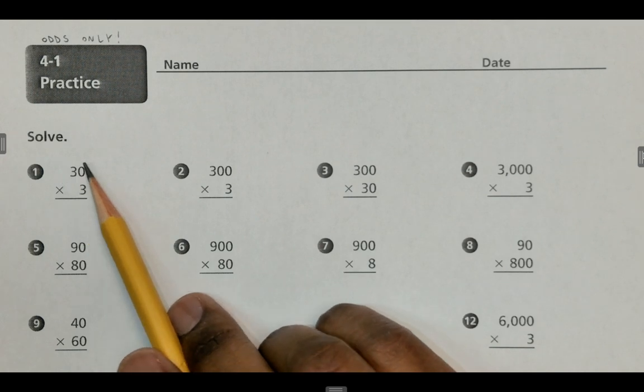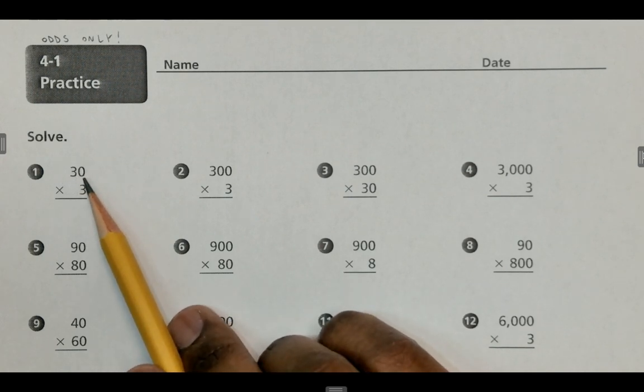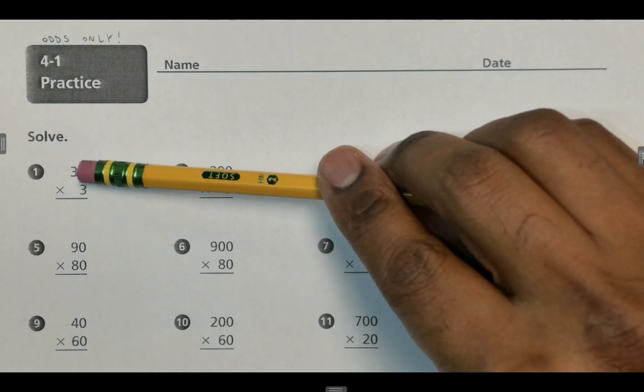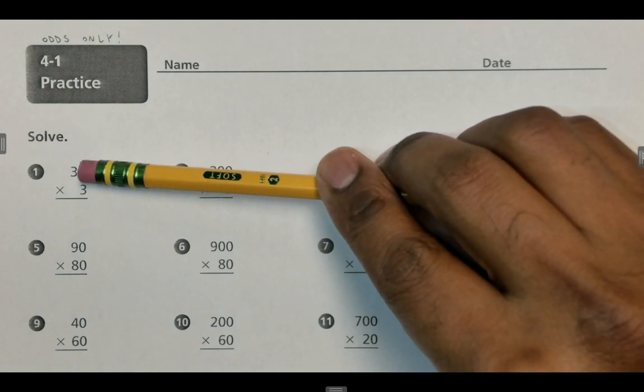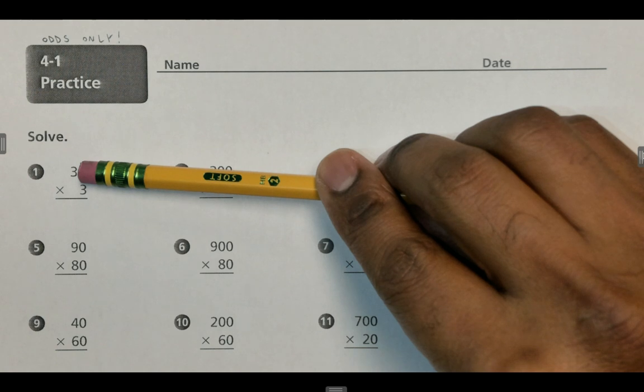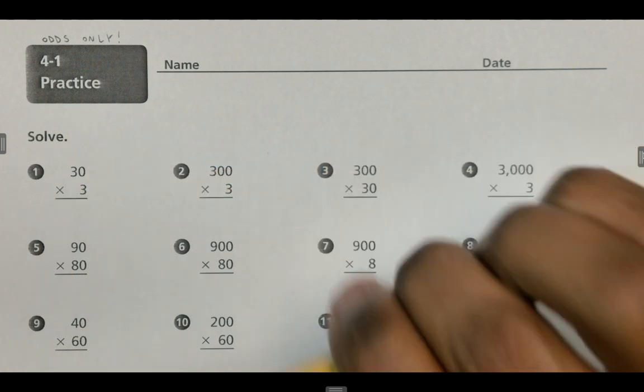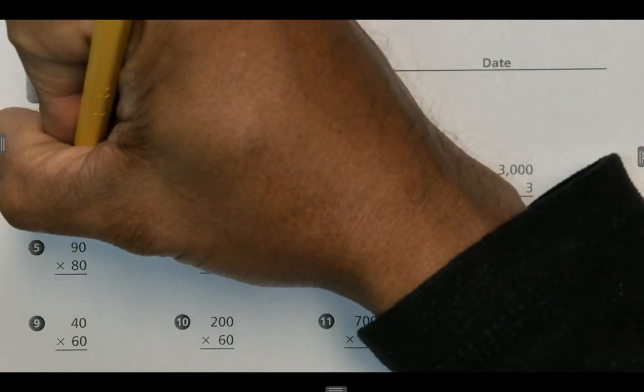In this case, there's only one multiple of 10, and there's one zero in it. So I can either count those or cover them up. Now, multiply the non-zero digits together. 3 times 3, which is 9. Then add the number of zeros I've counted or covered, and I get my answer of 90.